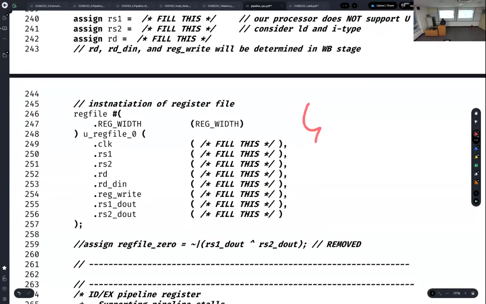Also, the register file needs to be instantiated, and then you need to connect the input and output ports of the register file. Okay.